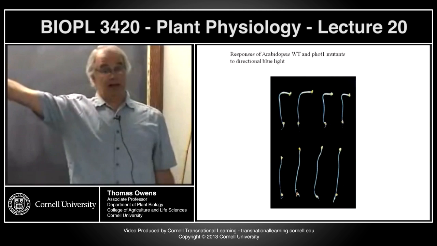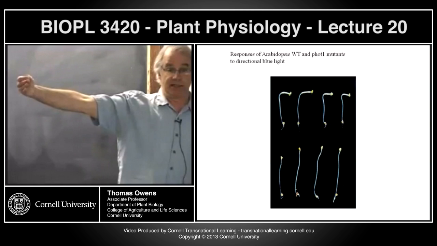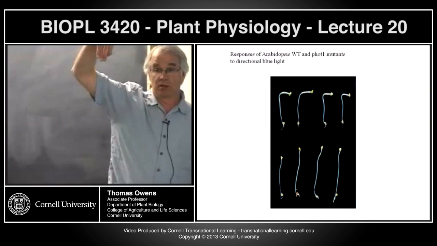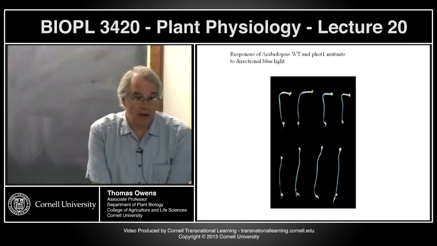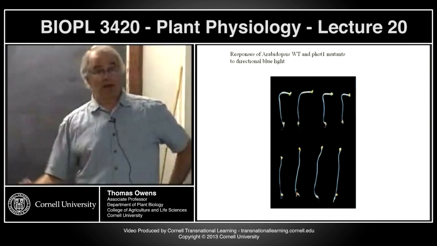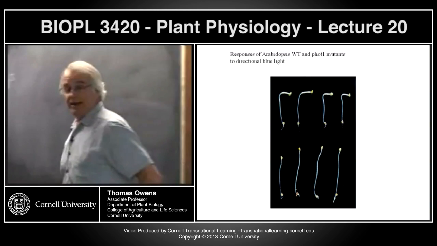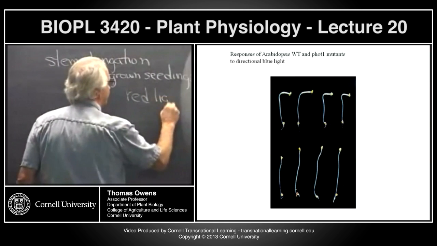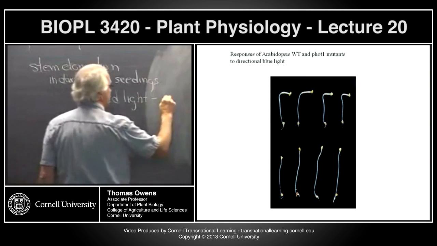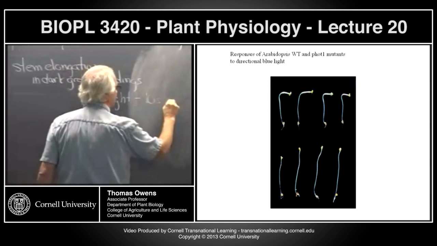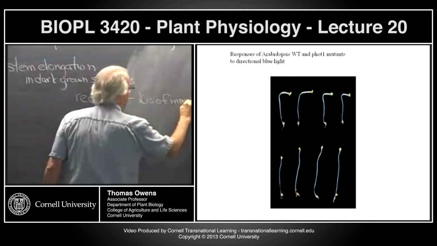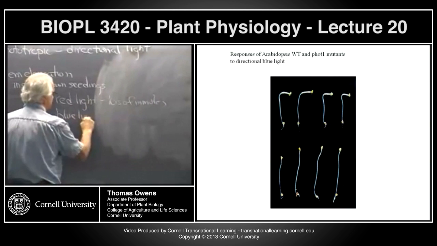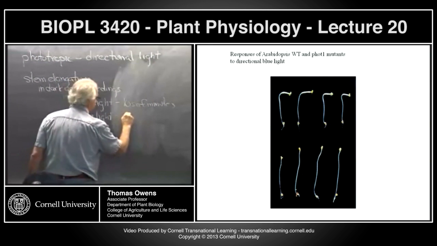It'll trigger that conversion from etiolated seedlings, that is no chlorophyll, hypocotyl hook, no leaves, rapid rates of stem elongation. Red light will trigger that transition. Blue light also does it, but the difference is red light, the Phytochrome-dependent response, is tens of minutes. The blue light response, in terms of slowing down stem elongation, is less than 1 minute.